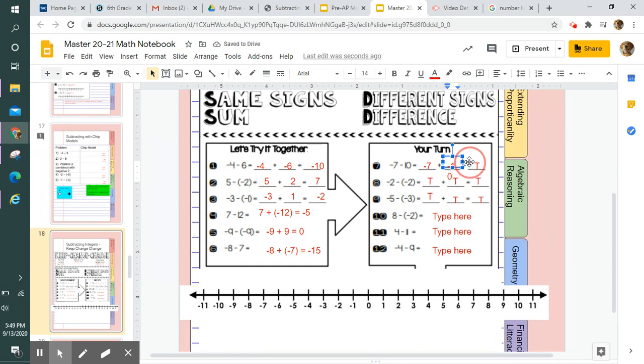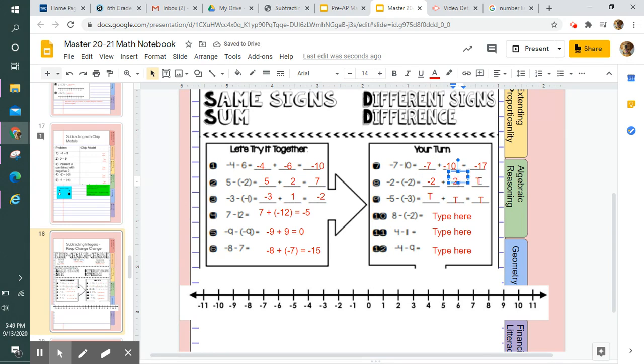So now we have negative 7 plus negative 10. When we add those together, we get negative 17. All right, the next one, we're going to keep negative 2, change to addition, which it already did, and change negative 2 to positive 2.